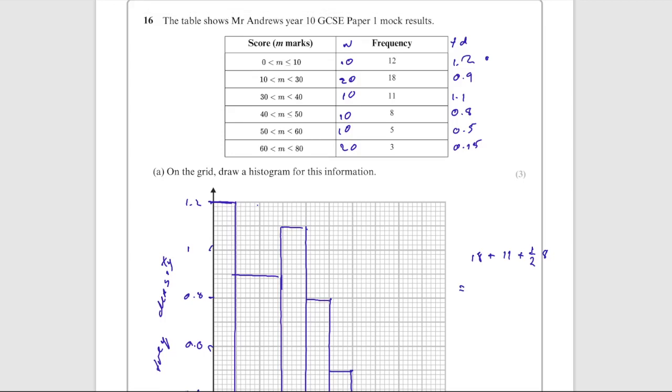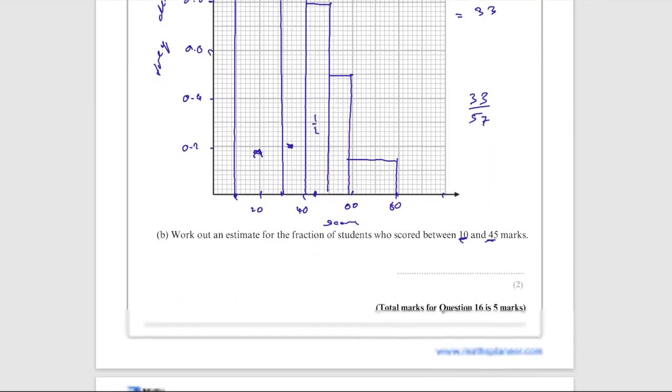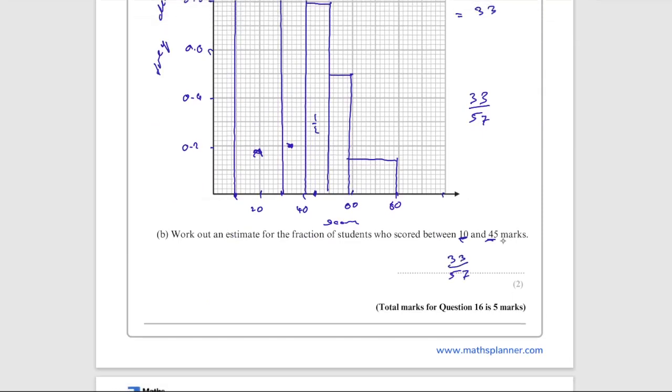So we're looking at 29 plus 4. So we're looking at 33. And then that needs to be out of the total frequency, which is 30, 49, 54, 57. So my fraction is going to be 33 out of 57. So there we go, 33 out of 57. Nice question.